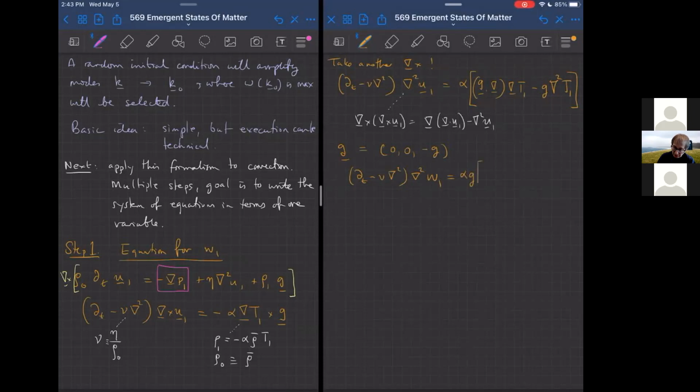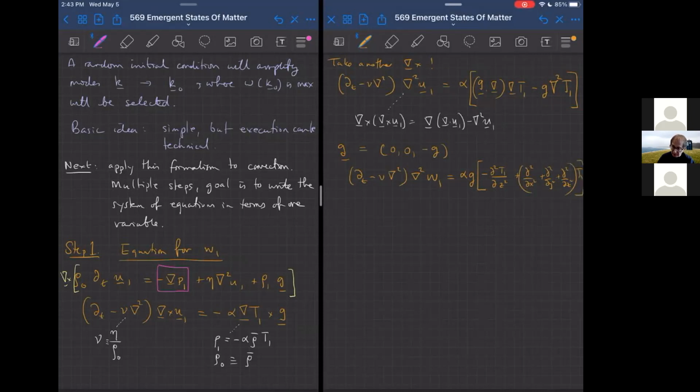And now I'm going to look at the Z component of what's in the square brackets. That is equal to minus d2 T1 by dz squared plus d2 by dx squared plus d2 by dy squared plus d2 by dz squared, all acting on T1. Like so.